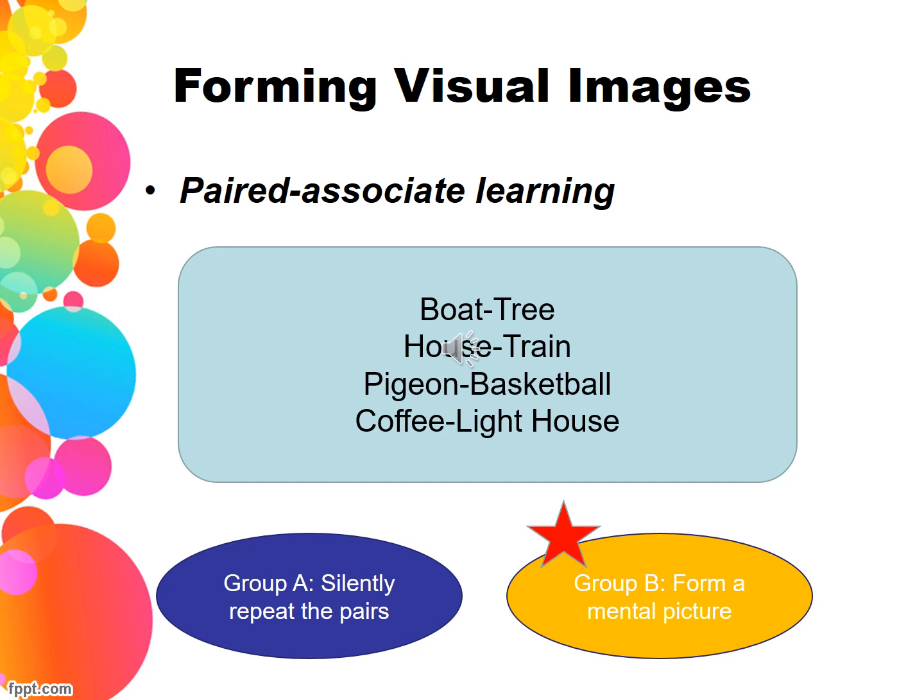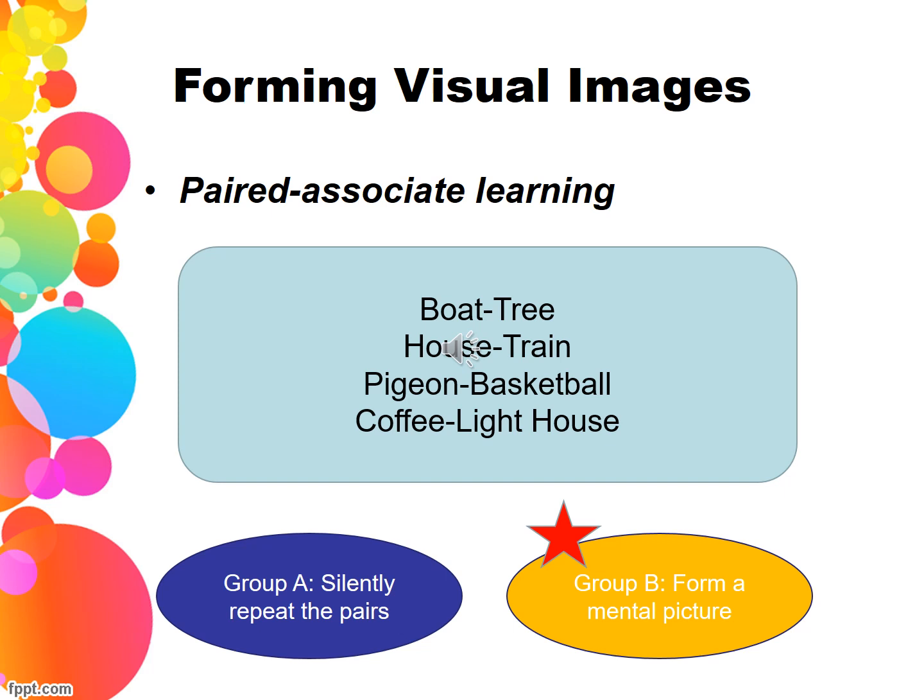After that, during the recall test, they would show only one of the words, and the participant needed to say the other word that was paired with it. For example, they would show house, and the participants were required to remember that the pair is train.